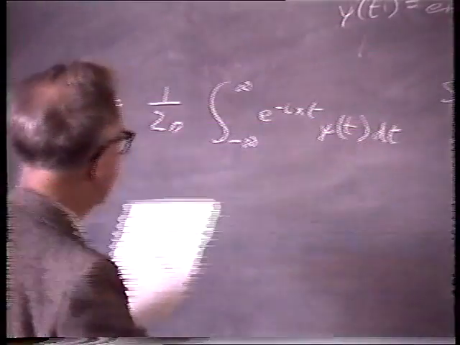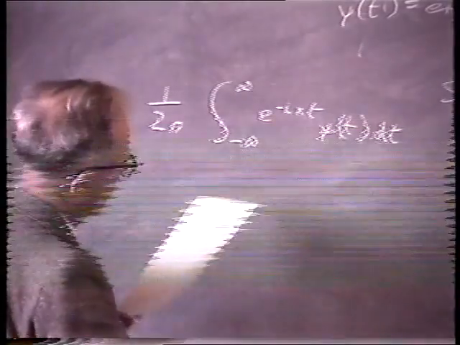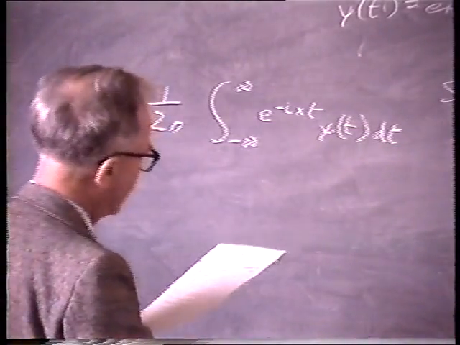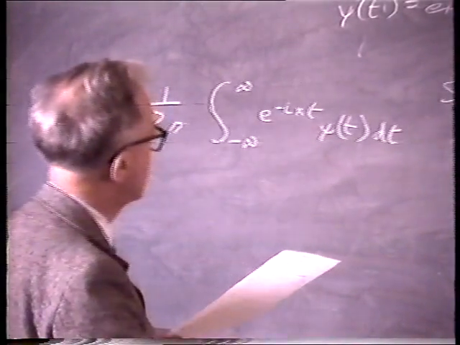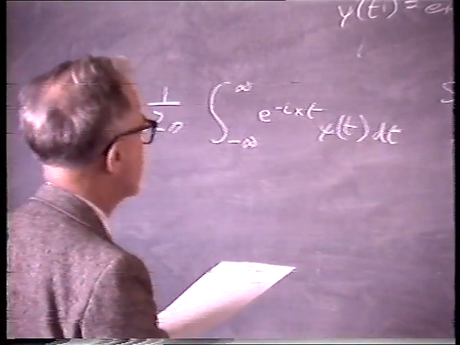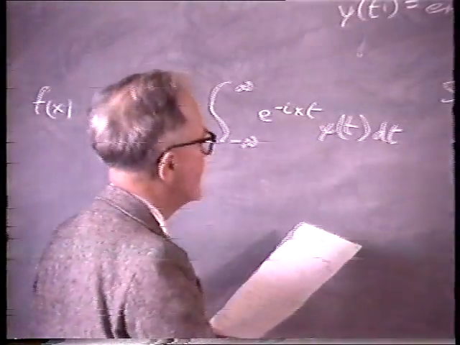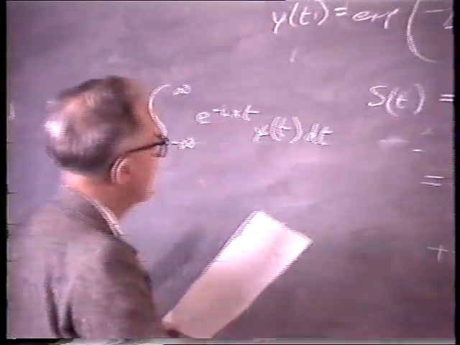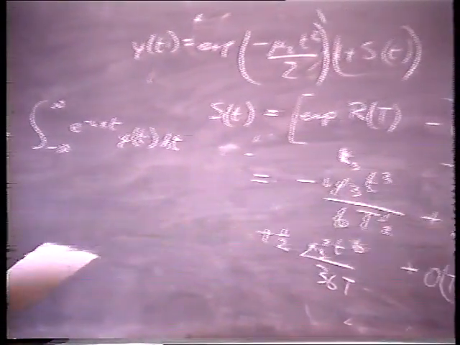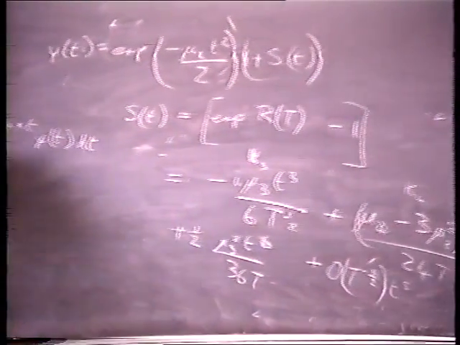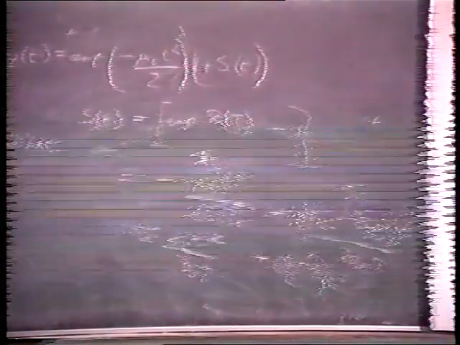Notice that there isn't an i in here, which occurs if you integrate with respect to s, where s equals it. But if you do what I'm doing, which is simply to integrate with respect to t along the real axis, then you simply have the 1 upon 2 pi here.